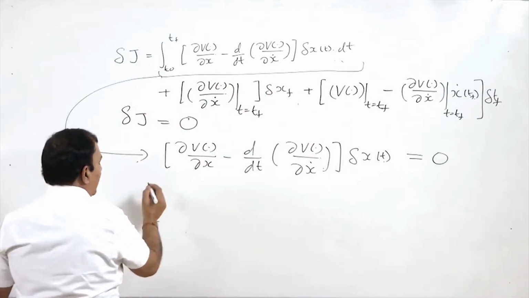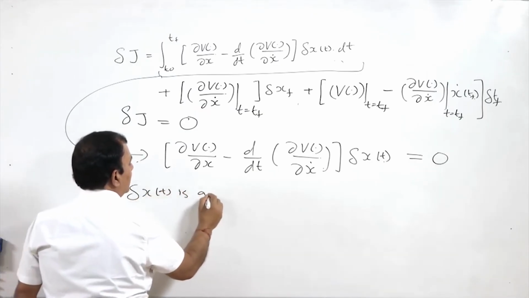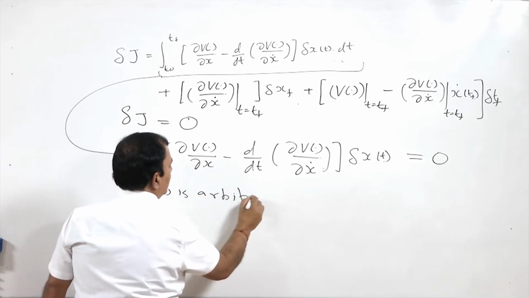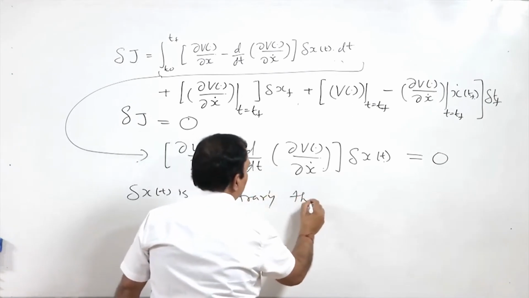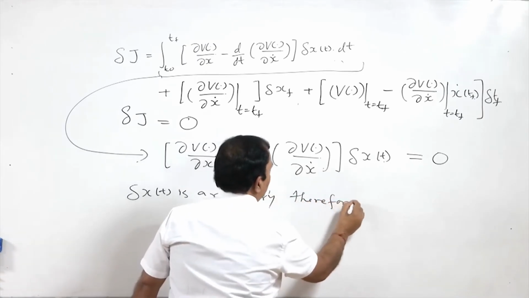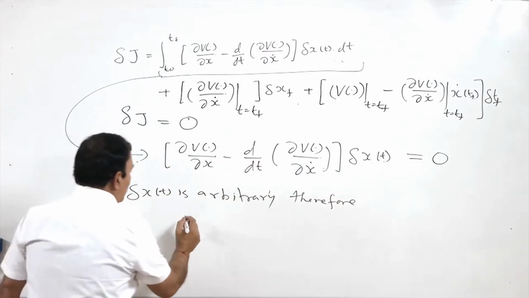From this term we can write this. So, delta xt is arbitrary, therefore, the coefficient of the delta xt must be equal to 0.